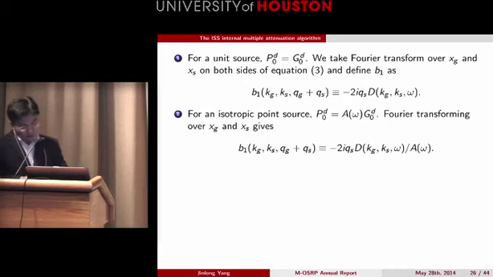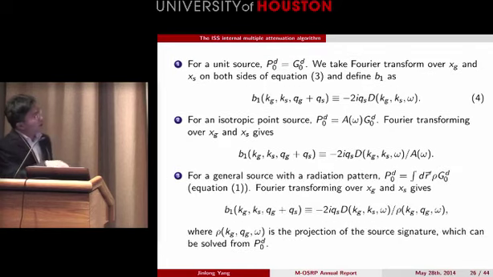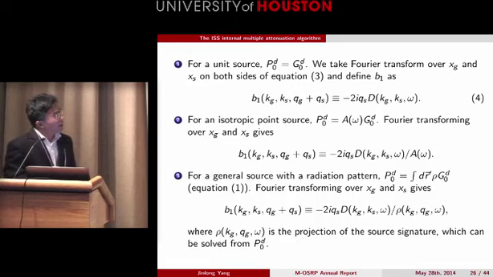For a general source with a radiation pattern, P0D is an integral. We cannot directly derive it by G0D, but after Fourier transform, this case is rho, which we already obtained in the previous slide. In the K omega domain, this is a multiplication. And here rho is a projection of the source signature, which can be solved from the P0D.